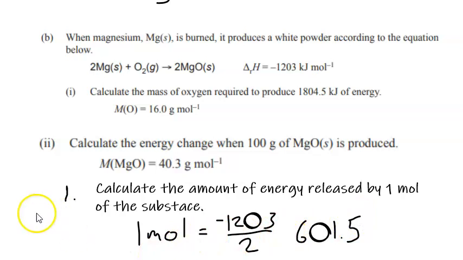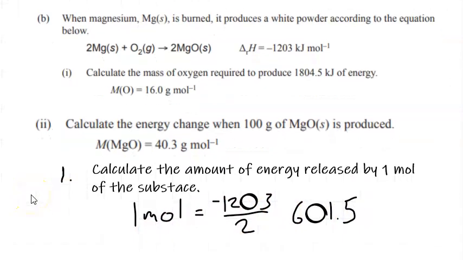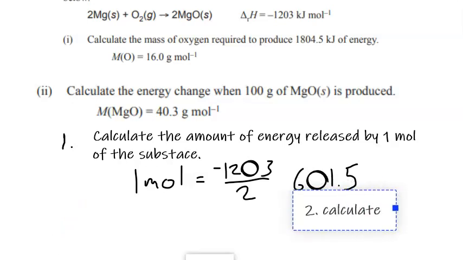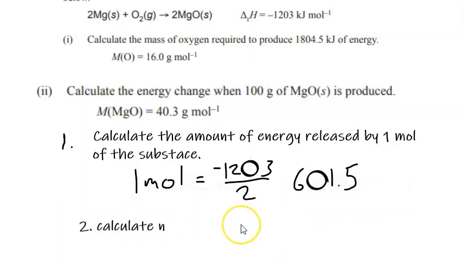The next step is that we need to calculate the amount of the substance that we actually have. We've got 100 grams there. So step 2, calculate n. The amount equals the mass divided by the molar mass.